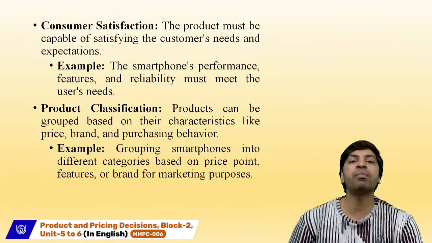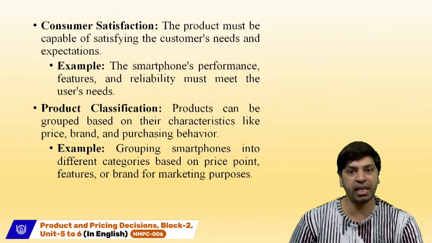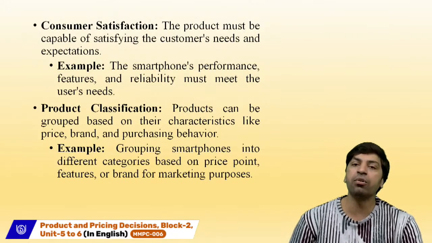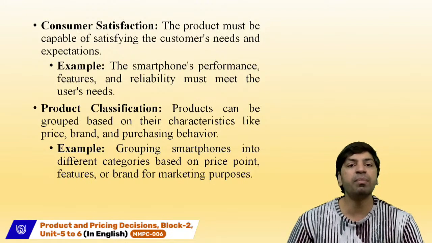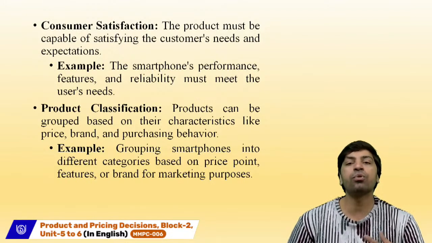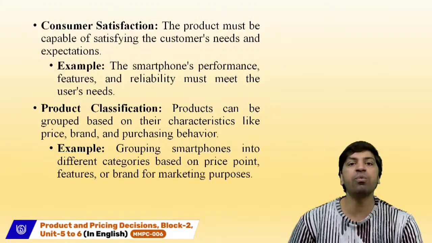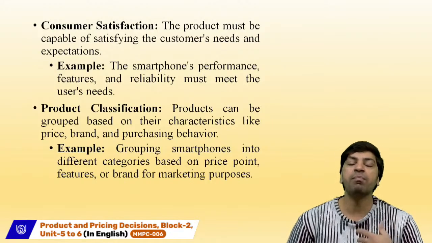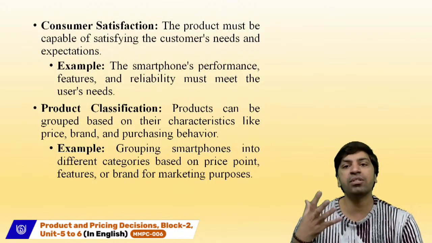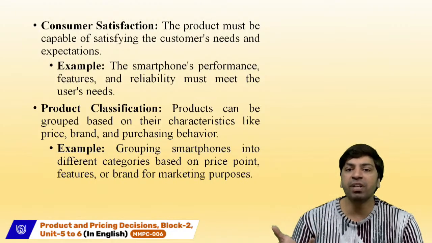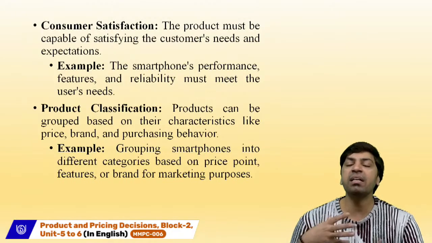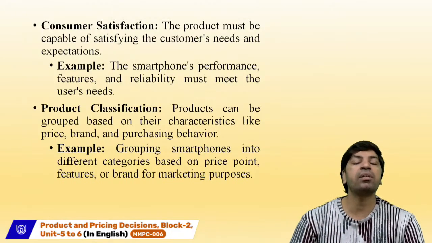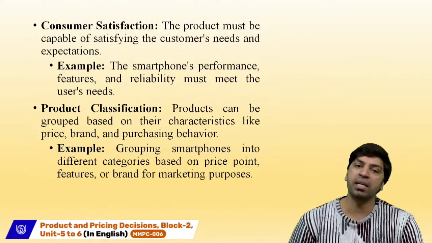Next one is product classification. Products can be grouped based on their characteristics like price, brand, packaging, consumer behavior, etc. So grouping smartphones into different categories based on their prices, features, or brand, for marketing purposes, refers to product classification.